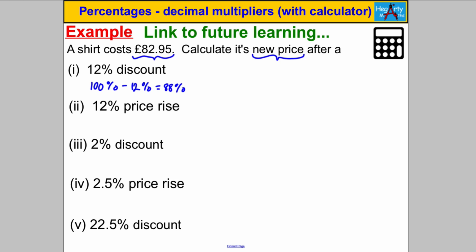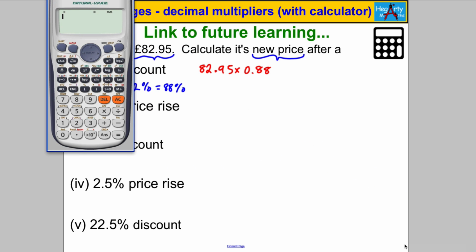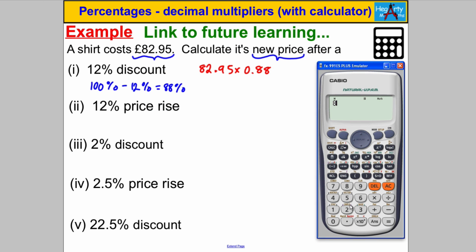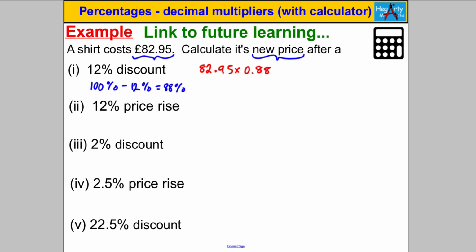So what you're going to do, you're going to take the original cost of the shirt, £82.95, and you're going to multiply it by 0.88. Let's work this out. So what we're doing is 82.95 multiplied by 0.88, and we get the following answer. Press the SD button and we're going to write down the full answer.